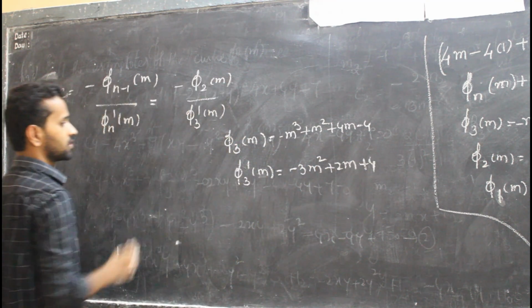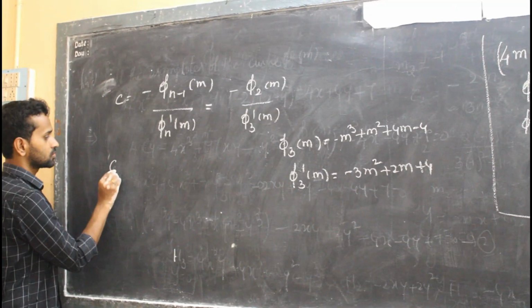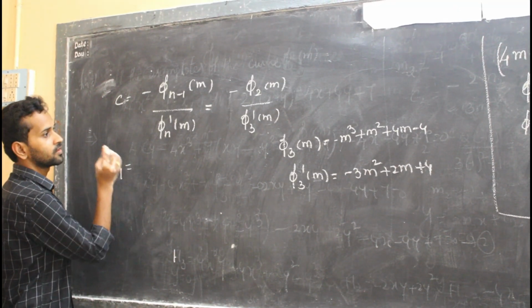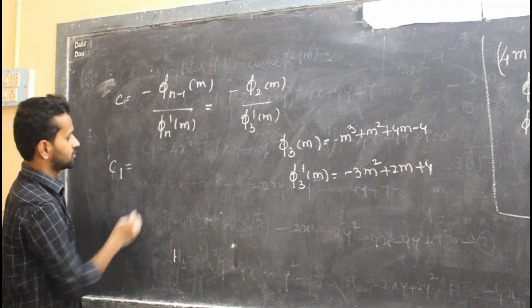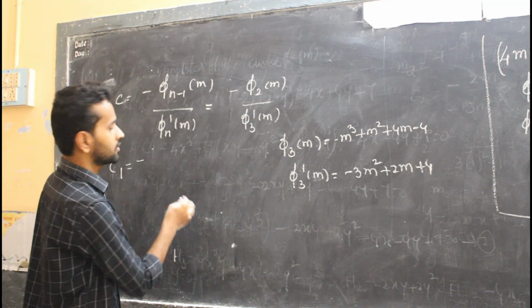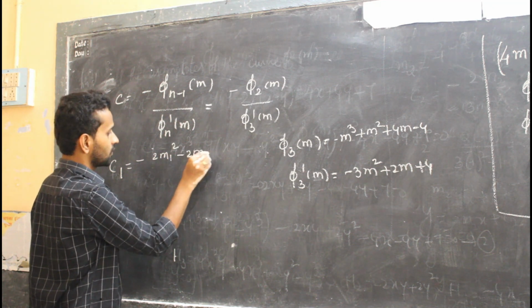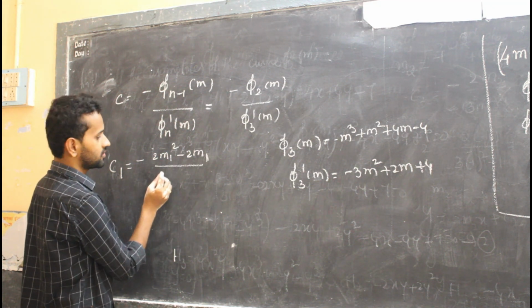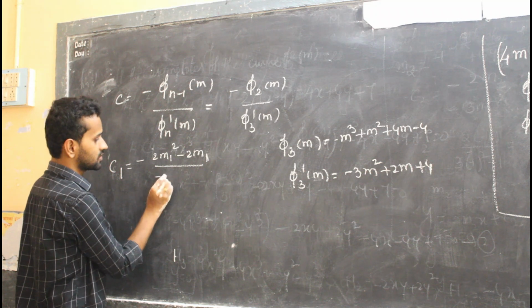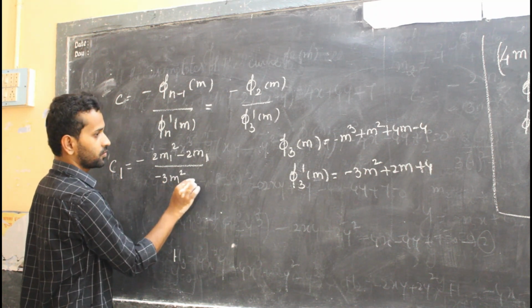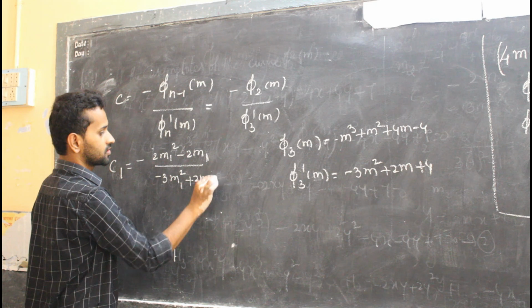Now we substitute back for the c value. So c1 will be minus of phi 2 of m1, that is 2m1 square minus 2m1, divided by phi 3 dash of m1, that becomes minus 3 m1 square plus 2m1 plus 4.